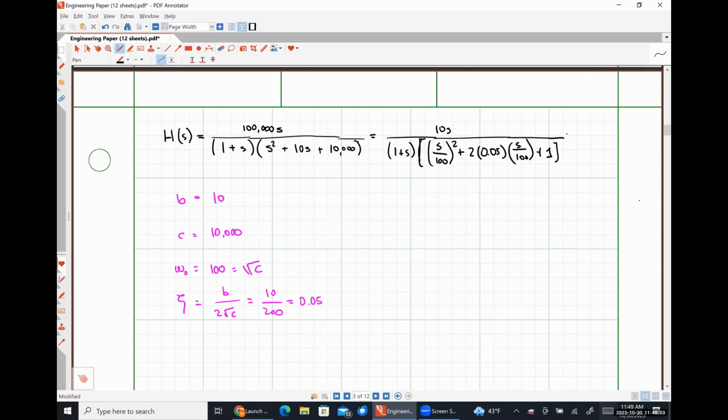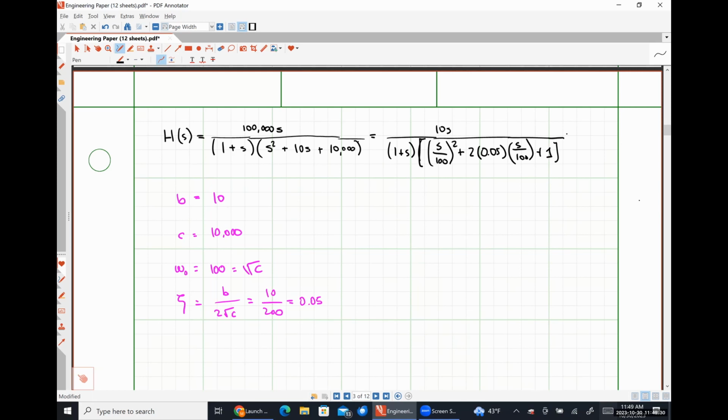I can see that I'm going to have 3 distinct parts to my frequency response, right? Well, technically, I guess you could call it 4, because I could have a part for the constant value of 10, a zero at omega equal to 0, and a pole at omega equal to 1.